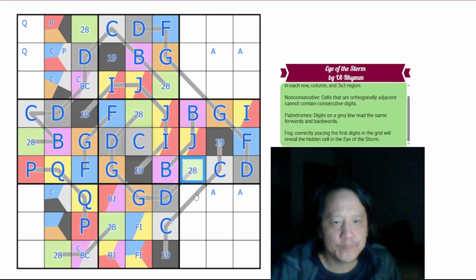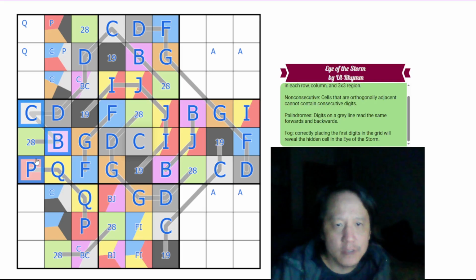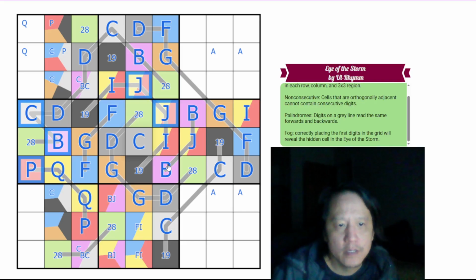So what is A not next to? A is next to B, C, and P. Next to J. But not next to I. It's next to F. Obviously, it's not next to H. Is it next to D?